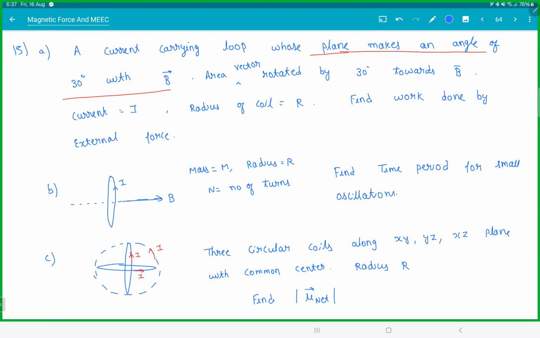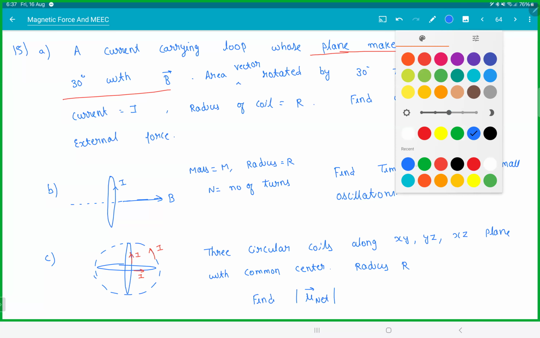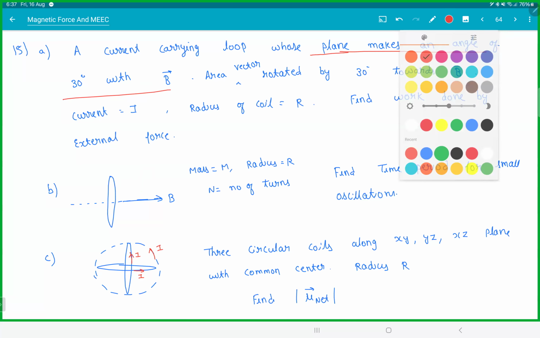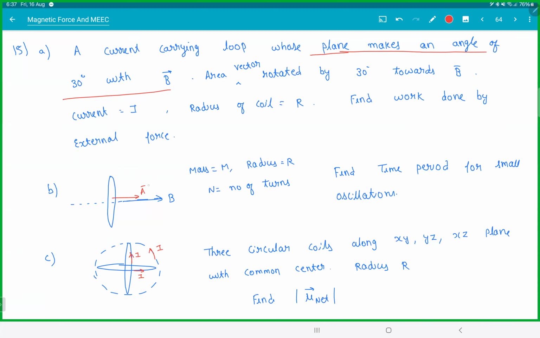What about the second one? System is in equilibrium and find the time period for small oscillations. I know that you can assume however you want. I'll just do one thing. Area vector is this way.